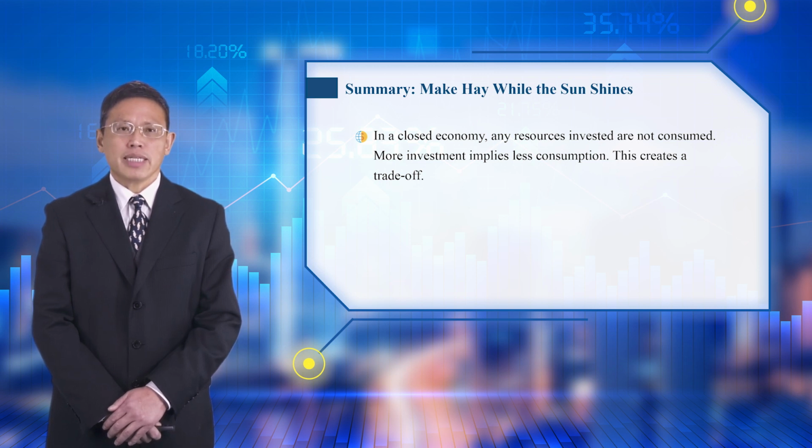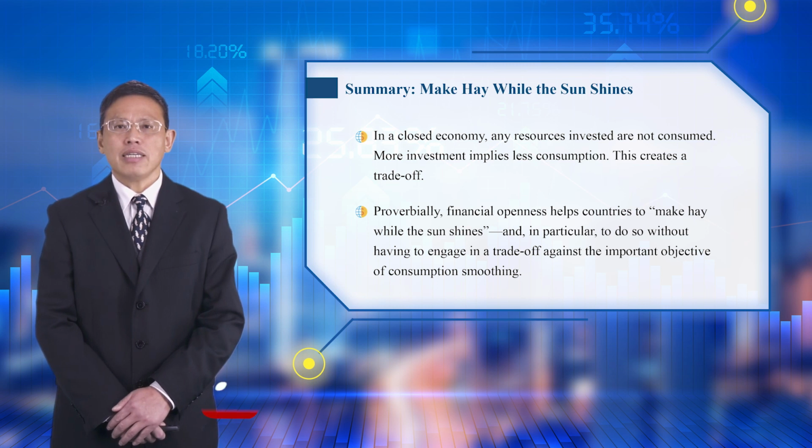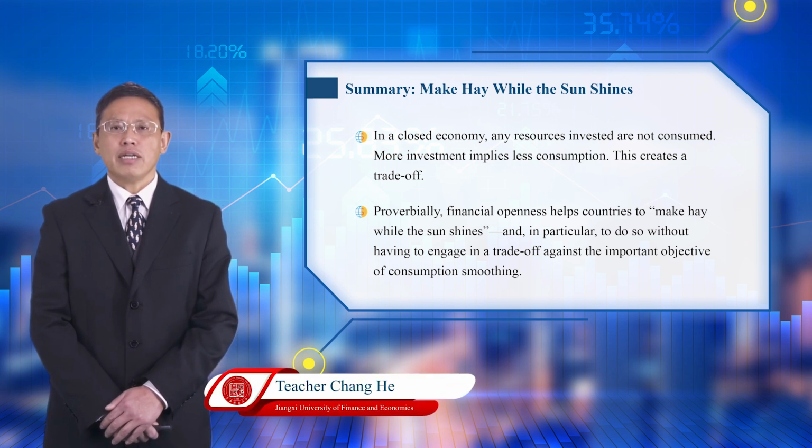More investment implies less consumption. This creates a trade-off. Proverbially, financial openness helps countries to make hay while the sun shines, and in particular, to do so without having to engage in a trade-off against the important objective of consumption smoothing.